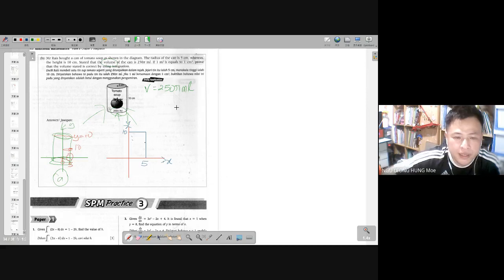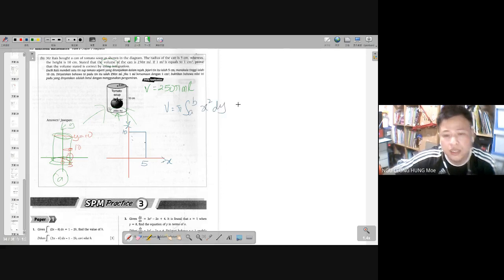So if under the y axis, the formula will be pi integral from a to b of x squared dy, right? The x squared. So if under the y axis, that means this equation, this equation. Okay.